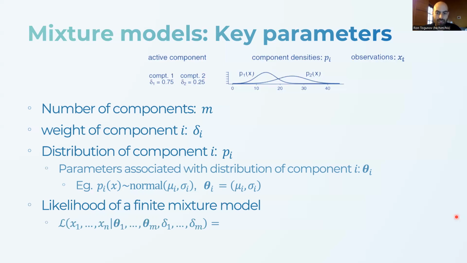The likelihood is calculated by multiplying the probability of each observation given the component distribution by the weight of that component, then summing across all the components that can produce that observation. For example, if we have a measurement of 10, we would sum the probability of obtaining that from P1 plus the probability of obtaining that from P2. And lastly, we would multiply across all the observations from observation j equals 1 to j equals n.